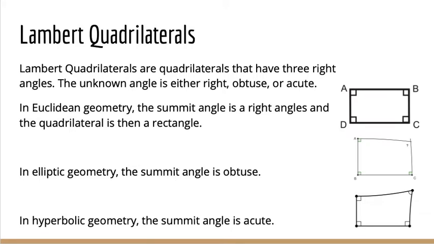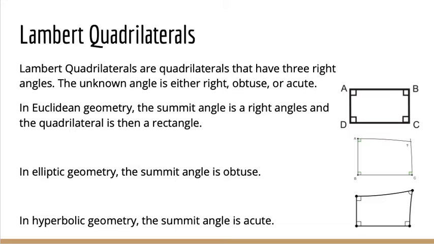The unknown angle is right if we assume Euclid's fifth. Otherwise, the unknown angle would be obtuse in elliptic geometry and acute in hyperbolic geometry. We know that the angle is acute, right, or obtuse in the respective geometry because of the uniformity theorem for Saccheri quadrilaterals and its corollary one for Lambert quadrilaterals.